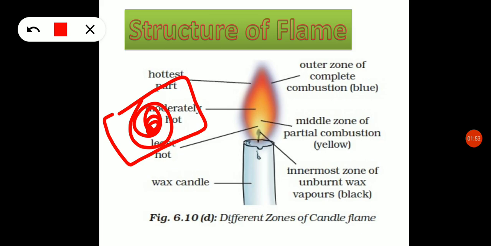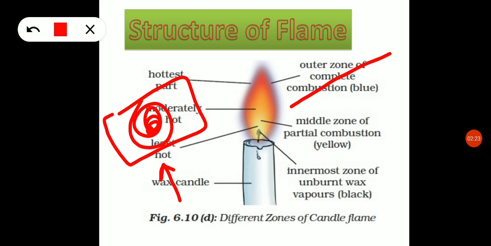Okay. So in case of the glass slide we used the luminous zone and in case of the copper wire we used the non-luminous zone. Okay, so what is the difference between the luminous zone and non-luminous zone?